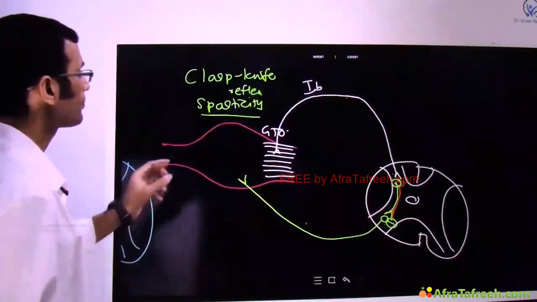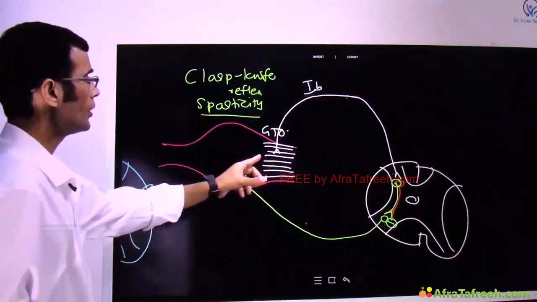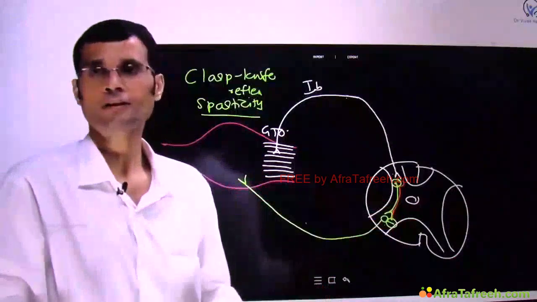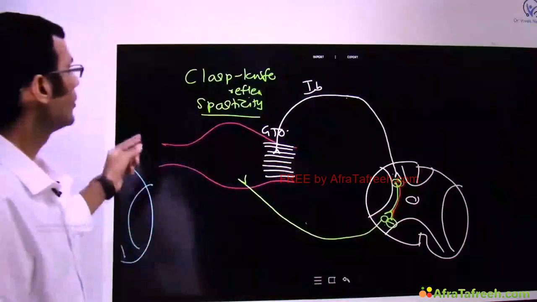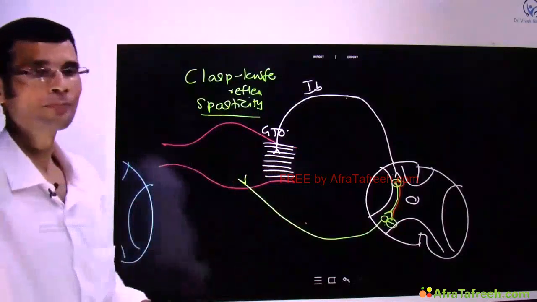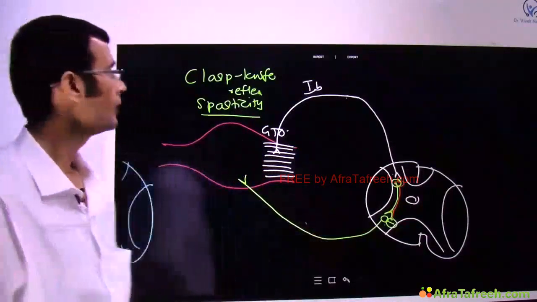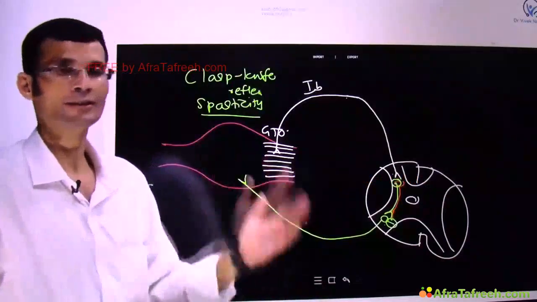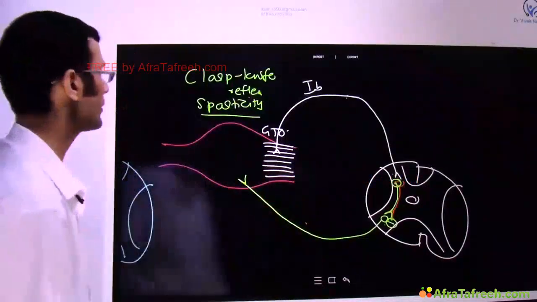And then if you try to clinically just stretch the muscle further, what's likely to happen is, already the muscle is hypertonic and you stretch it further, the muscle is likely to be torn or the tendon is likely to be avulsed. There is a possibility of damage to the muscle.